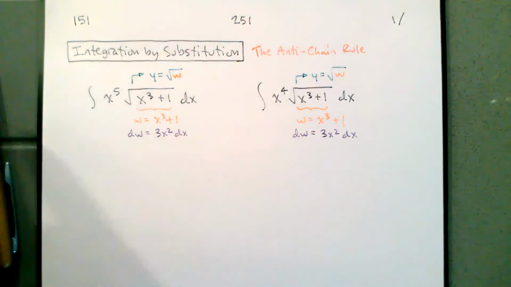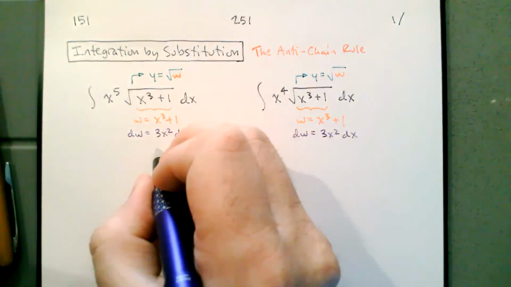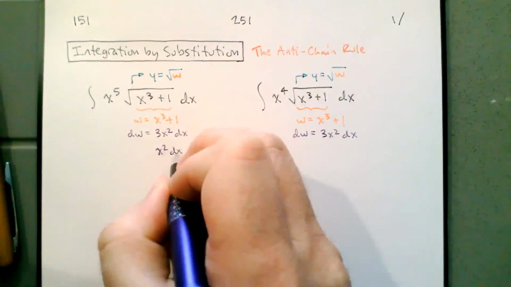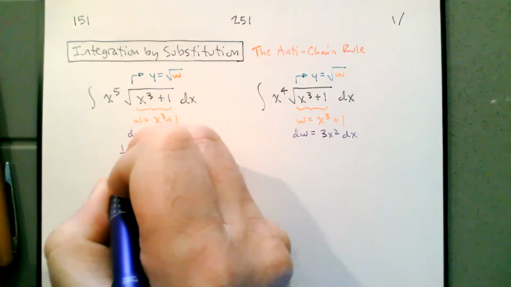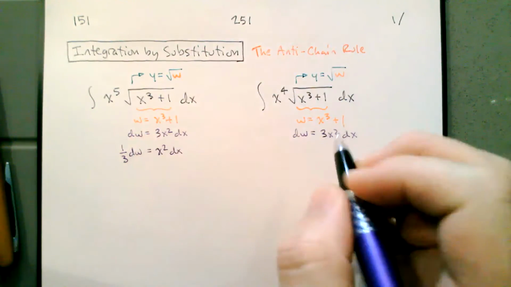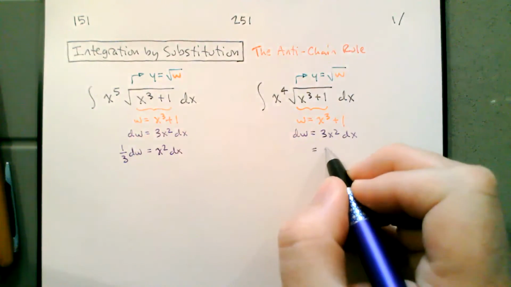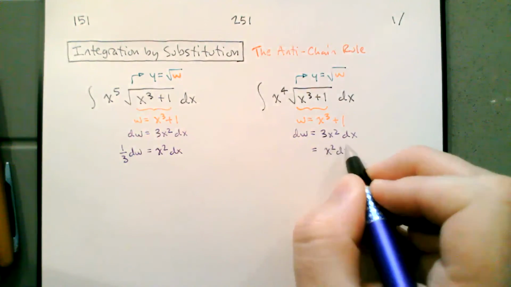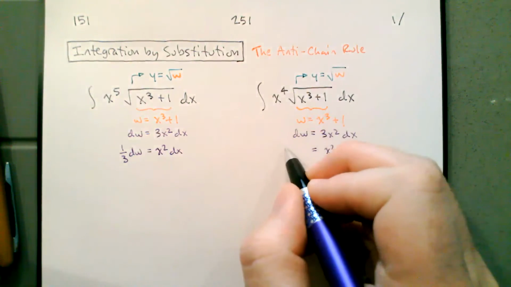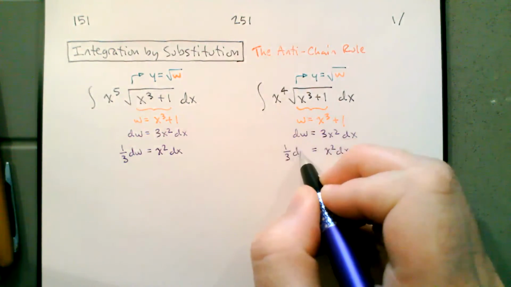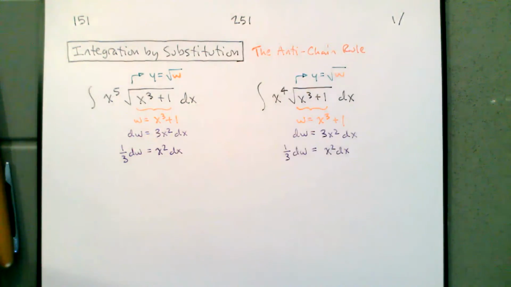In particular, x squared dx is going to be a 1/3 dw. So in both cases, x squared dx, that's the piece that I actually have, and I'm just going to move out the 1/3 dw.